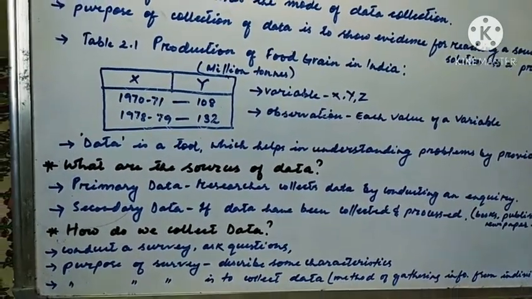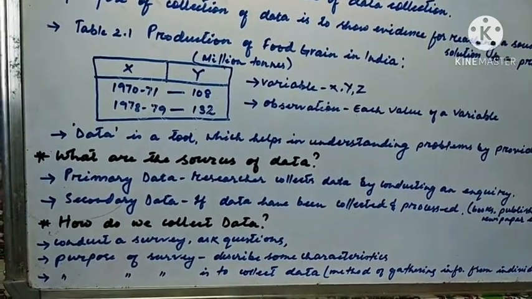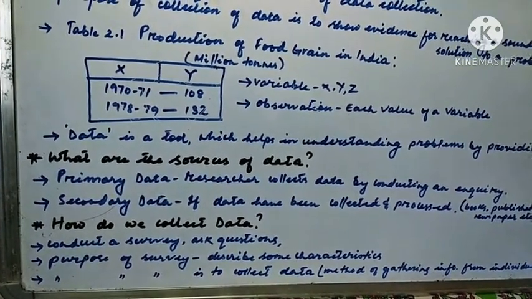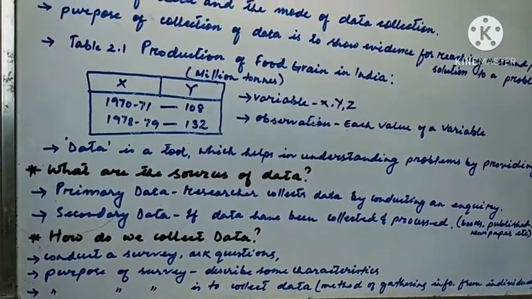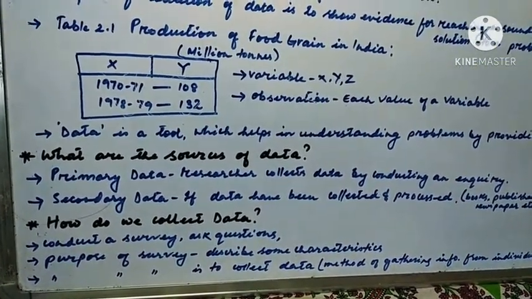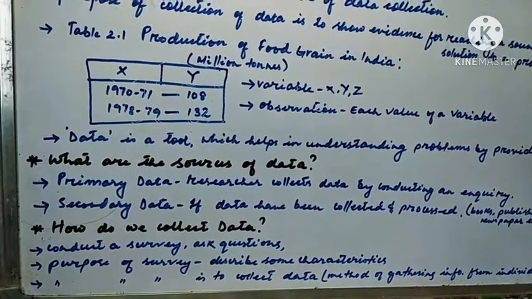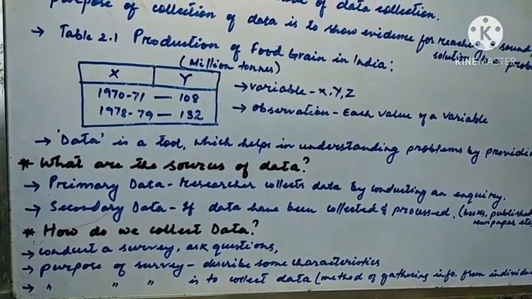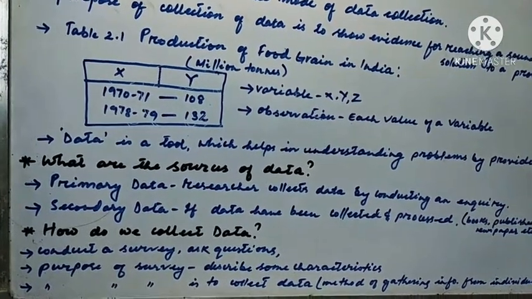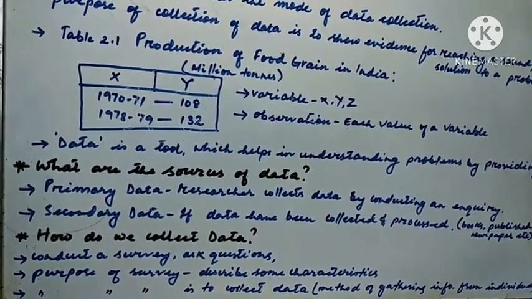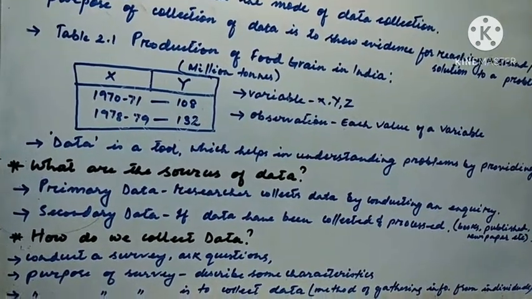And next up, how do we collect data? What are the ways in which we collect data? For example, let's take the example of a manufacturer who wants to produce a product, or how a political party decides on a candidate. Let us see these two examples.